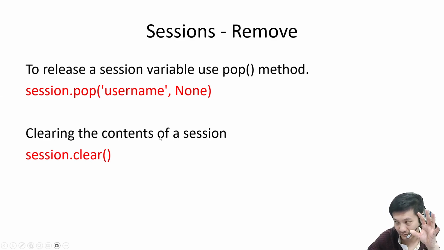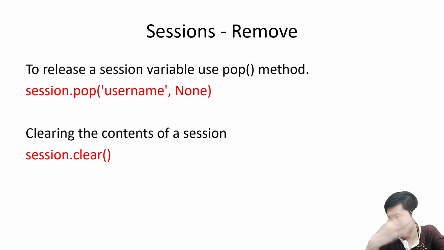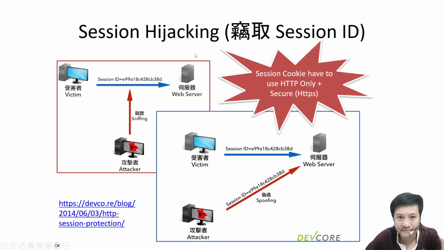Otherwise, a hacker will DDoS your server. If your server uses sessions before they log in, they just keep sending requests to your server and you will use up all the memory. And this is the classical way of so-called session hijacking. The attacker just captures the ID here, and with the ID they get your session.